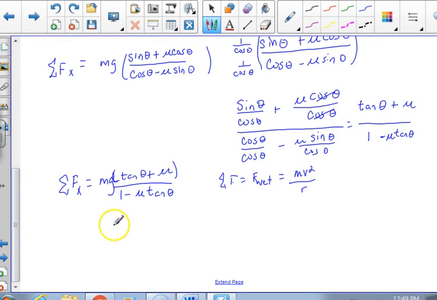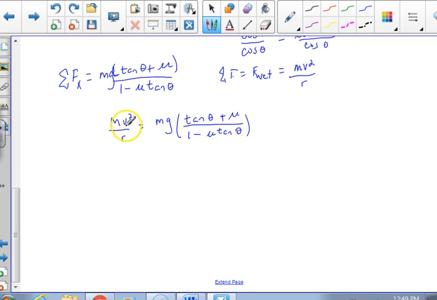So we can say mv squared over r equals mg times tangent theta plus mu over 1 minus mu tangent theta. We're trying to solve for velocity, in case you've forgotten at this point what we were even solving for. So this is what we're shooting for.